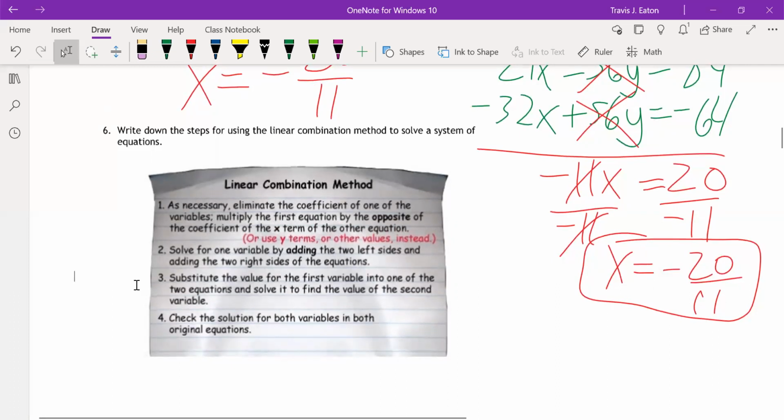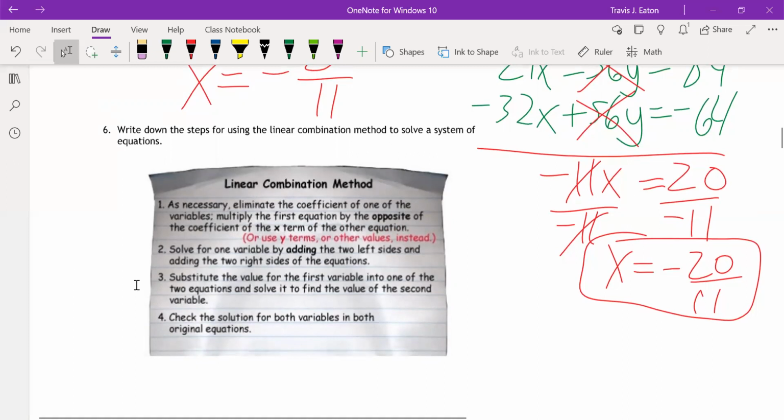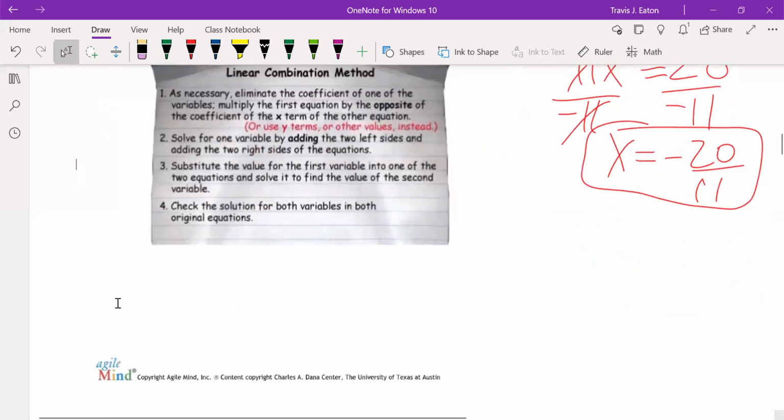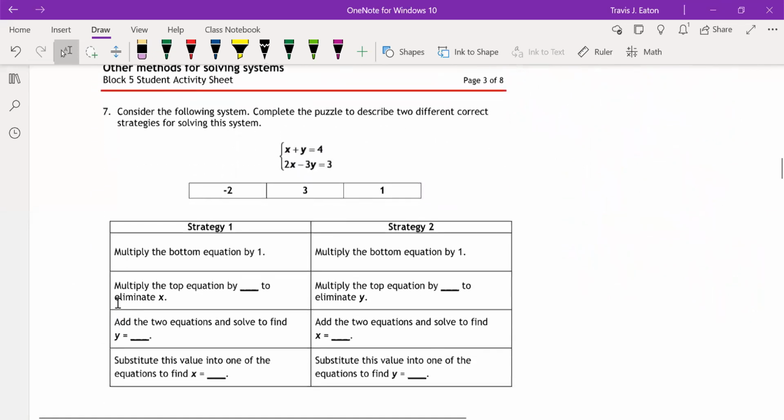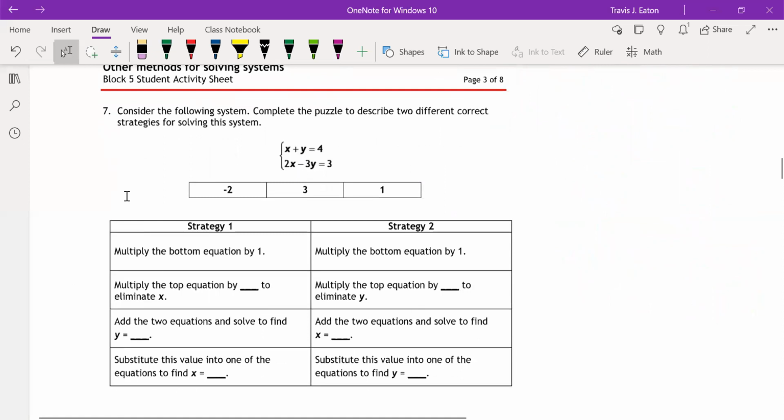I'm going to move on just a tad here. And the next question, maybe this would be something that you could do on your own in your math book, and that would be number 7. I'd like you to work on it before tomorrow, and it's pretty easy.